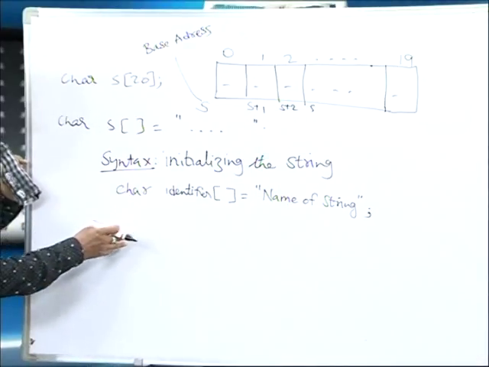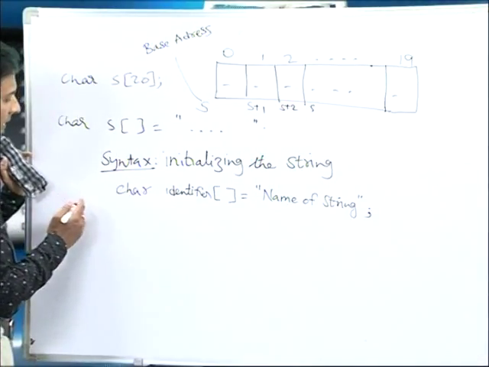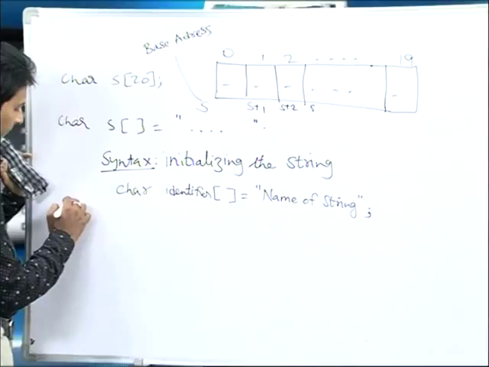What is an example of the character array?